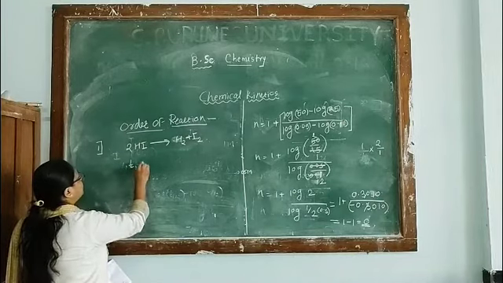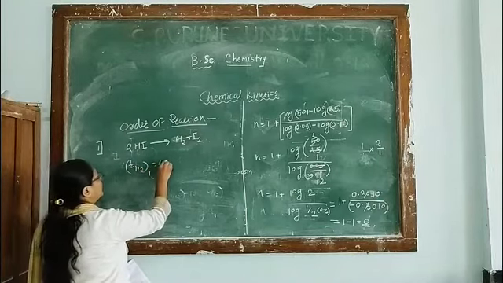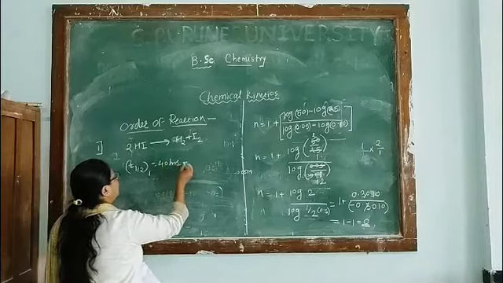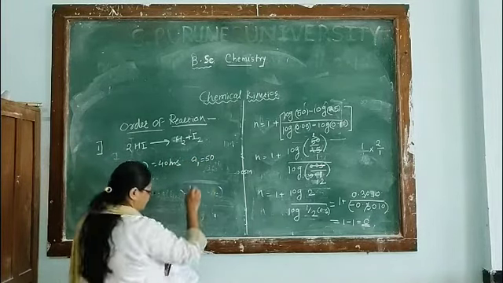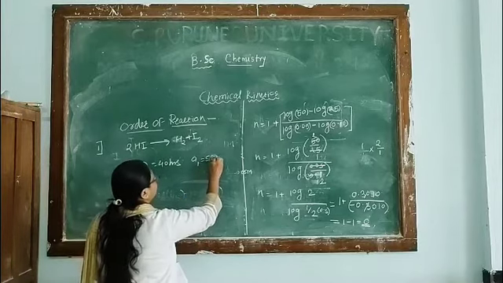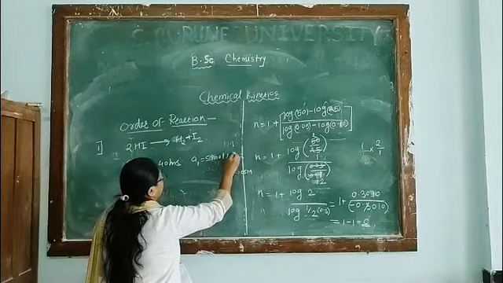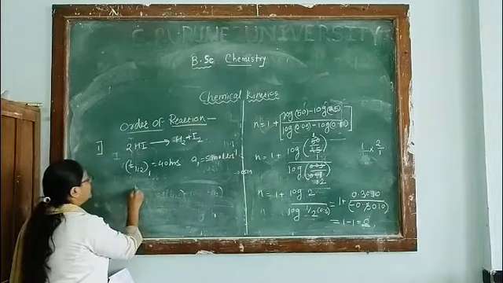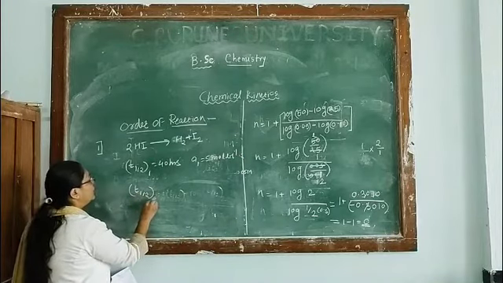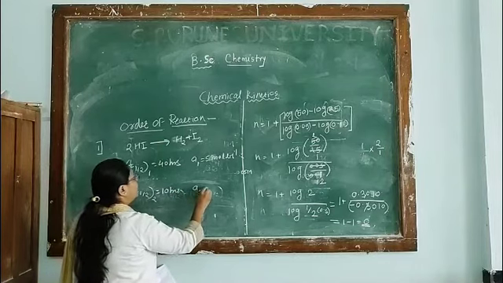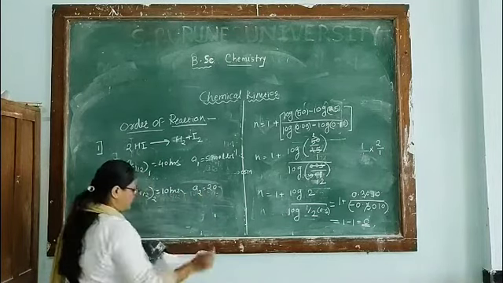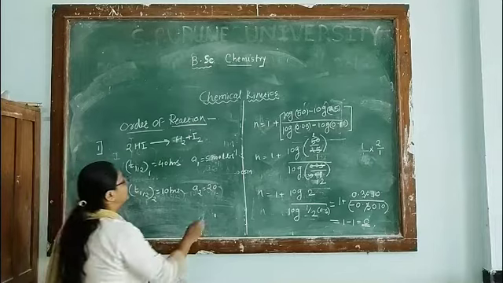T half 1 is equal to 40 hours and A1, the initial concentration in the first set, is 5 moles per liter. Now T half 2 is 10 hours and the value given for A2 is 20 moles per liter.